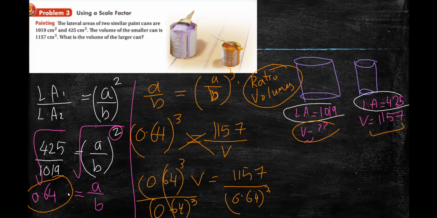After that, you will find the volume here is, what was it, 4,413 maybe, and so on. This will be the volume of the second shape.